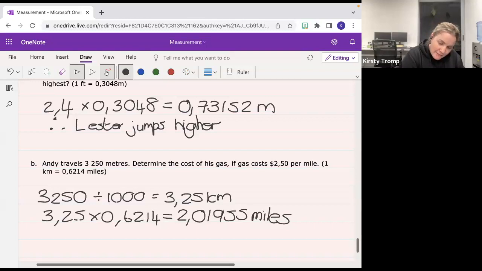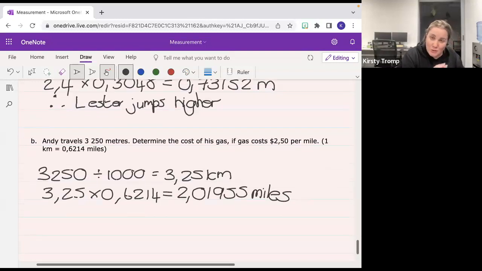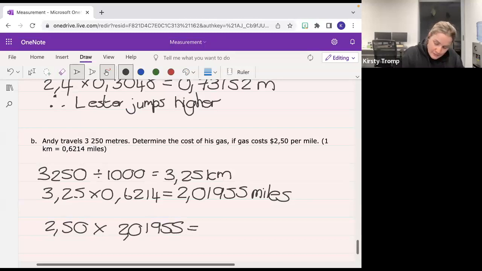I haven't got my final answer yet, so I never round off until the very, very end. So now I'm going to say 2.50 times by whatever's left on my calculator, which was 2.01955. And I'm left with $5.05.